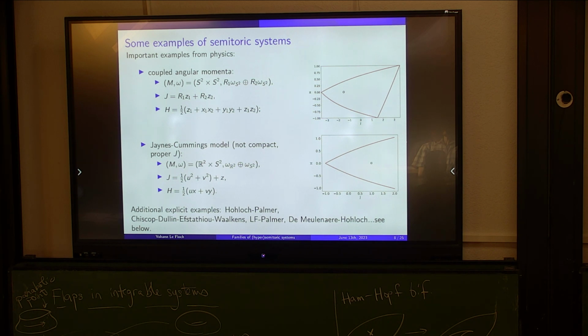And you can cook up some Hamiltonian H, so that the corresponding system is semitoric. Here is the image of the momentum map. It's the interior of all of these red lines. And there is one focus-focus point, and the corresponding value is this black circle.